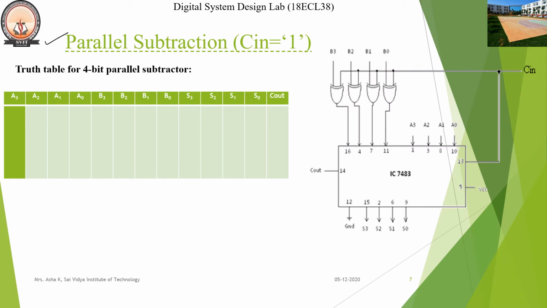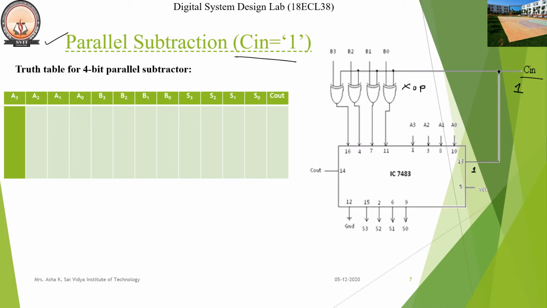Now let us understand the parallel subtraction of the 2 bits when considering Cin bit is equal to 1. Cin bit is equal to 1 in this case, which is connected to pin number 13 and as well as the 7486 IC, that is XOR gate.